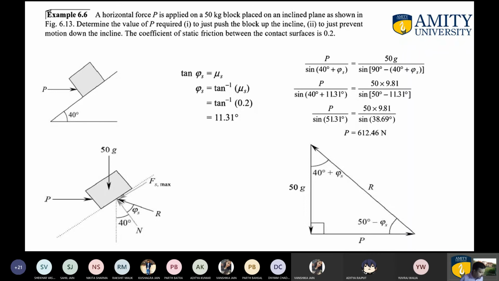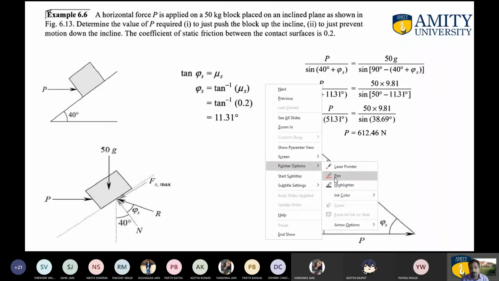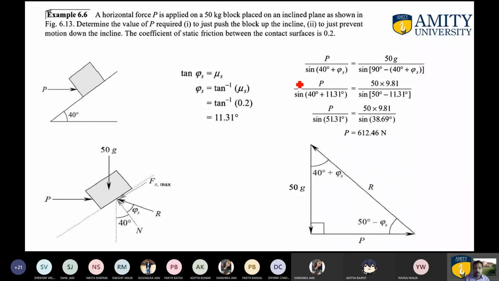So now if you are understanding this particular concept, you are required to focus on part number 2. In part number 2, you are removing this particular force P. Now you are again applying the P, but now the condition is just to prevent motion down the inclined plane.